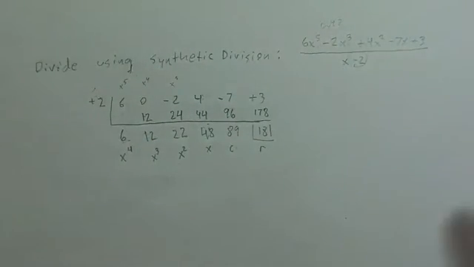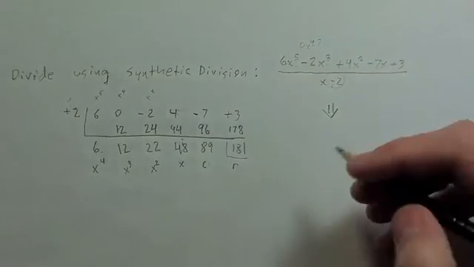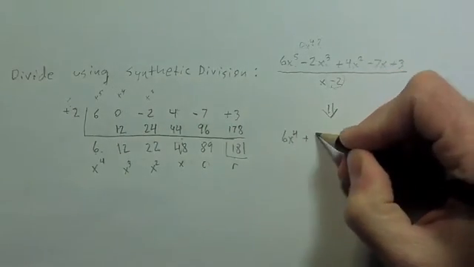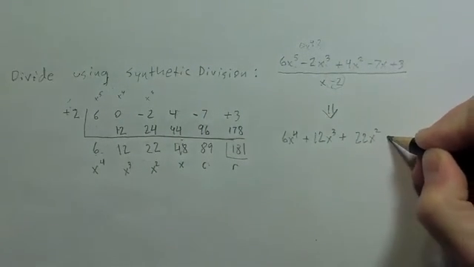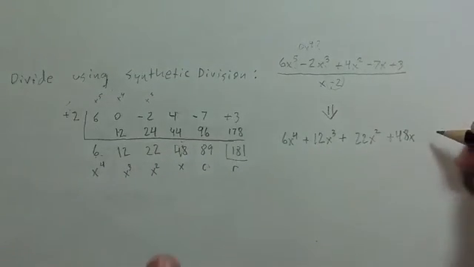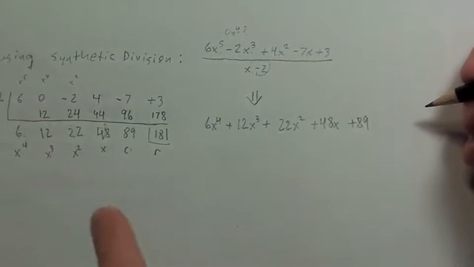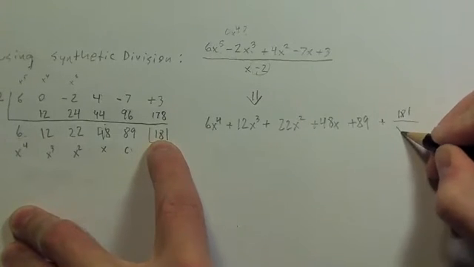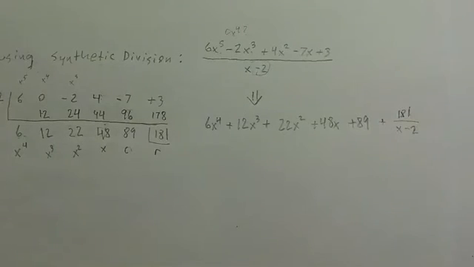Okay, so this division here would come out to be our quotient, which is 6x to the 4th plus 12x cubed plus 22x squared plus 48x plus 89. Okay, then plus the remainder, 181, all over x minus 2. Right? And that is that.